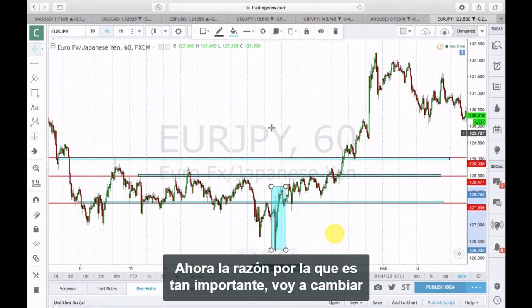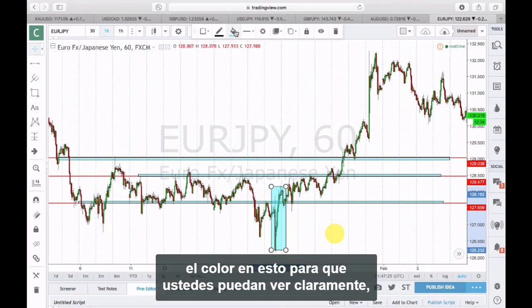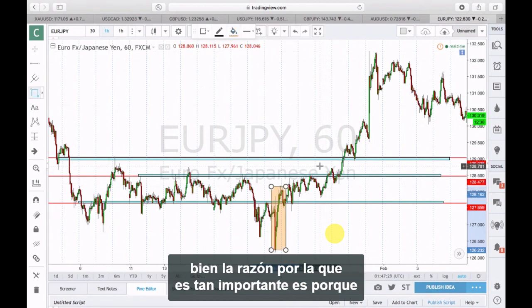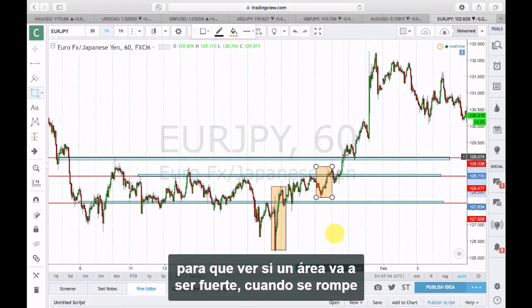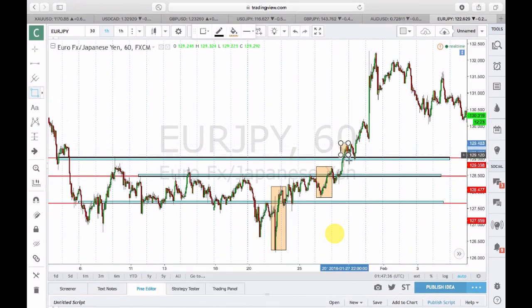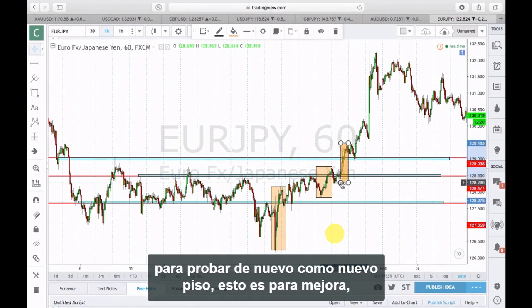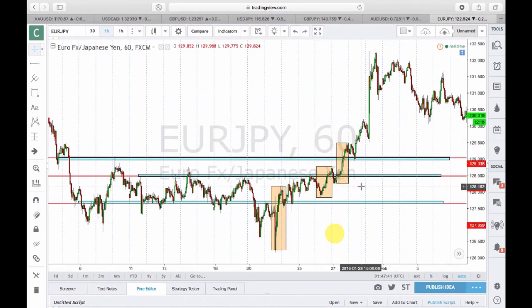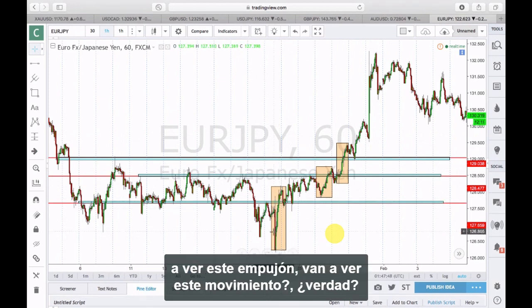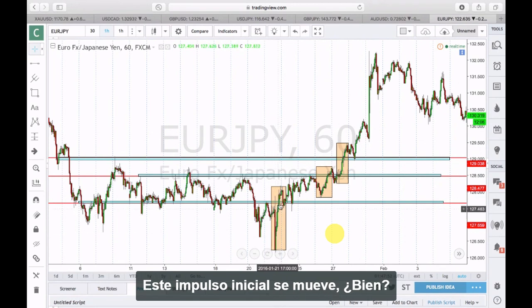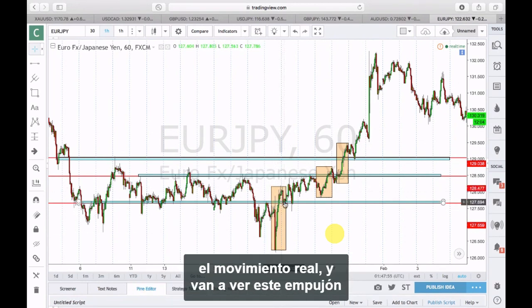The reason why it's so important, I'm going to change the color on this so you guys can see clearly, is because in order for me to see if an area is going to be strong when it breaks, to test again as a newfound floor, this is for an uptrend, I'm going to break down the downtrend after, you're going to see this push. You're going to see this initial momentum move. And then what you're going to see is the real move.